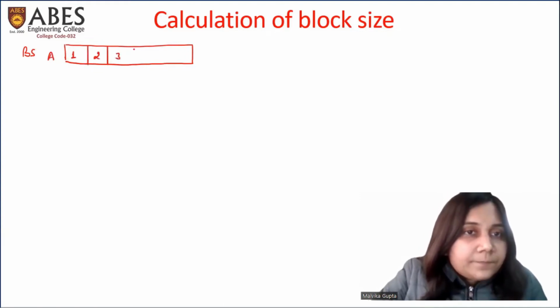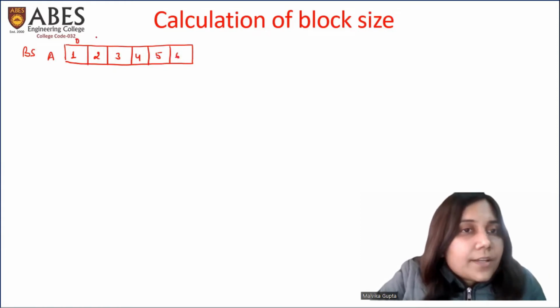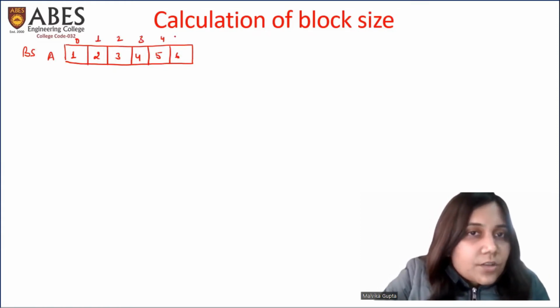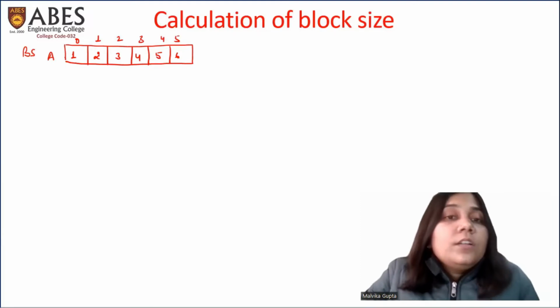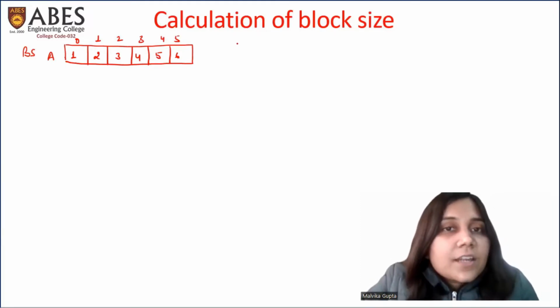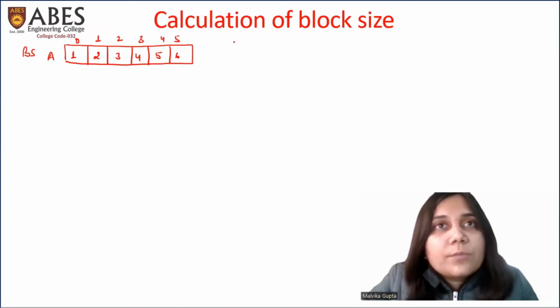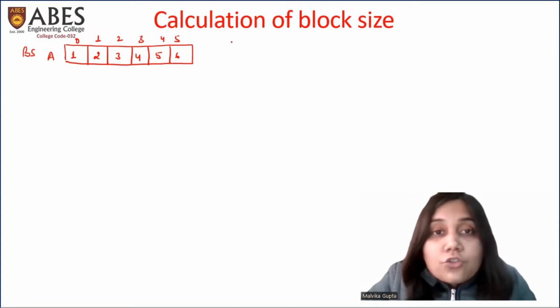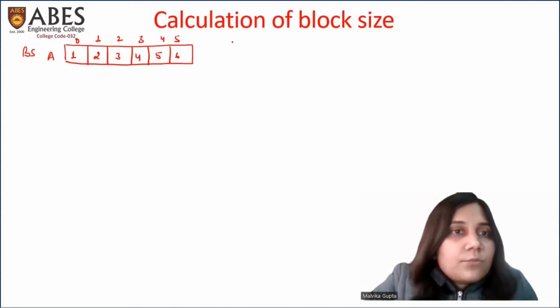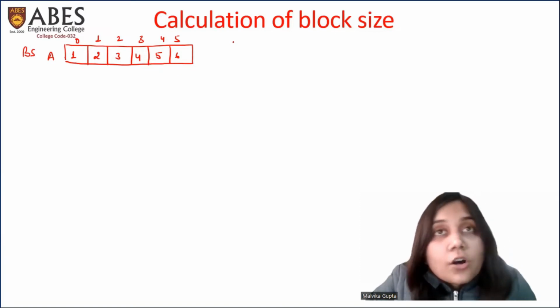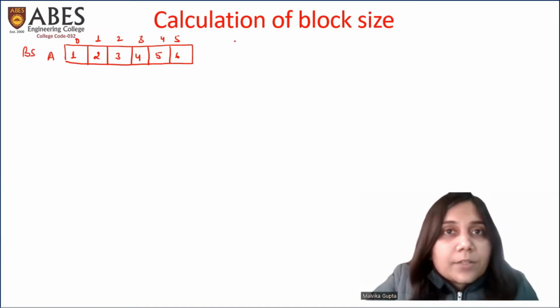Suppose this is an array of n elements, and I am giving the indices like this. If you are a programmer and you want to give the block size as per your convenience, what block size can you consider, or you ask the user to give that block size.